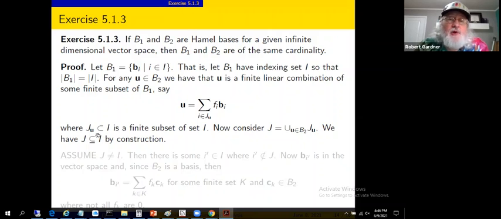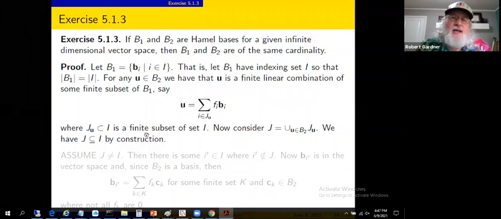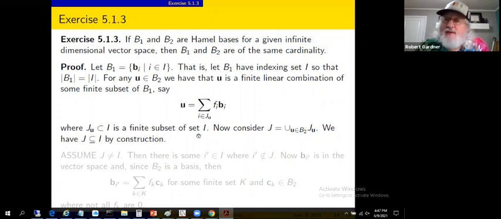The J sub u's are all subsets of set I. They're indices on the b's, b sub i. So the i's are elements of the indexing set capital I. Each J sub u is a subset of I. Let me reiterate, they're all finite because we're dealing with finite linear combinations. That's what a Hamel basis is. So we've got a giant collection of finite subsets of set I.